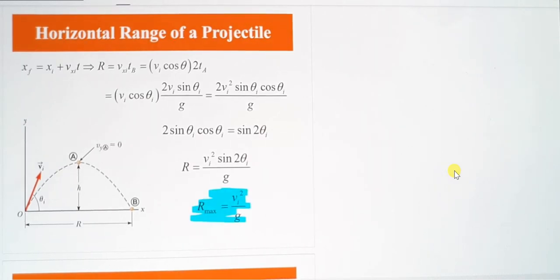And as I told you, this is also a special case: y equals y naught equals 0. Y naught is exactly like in free fall.